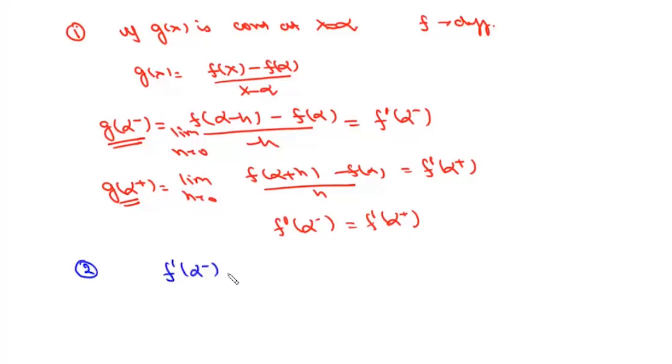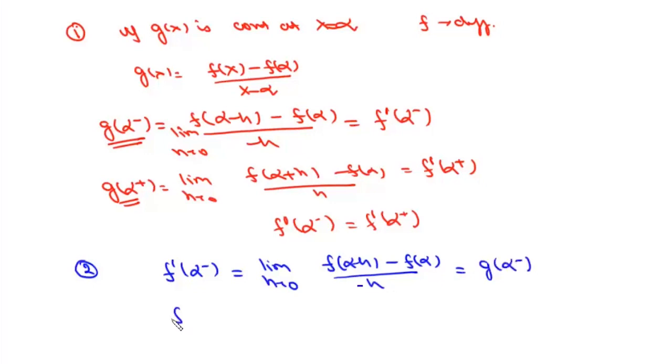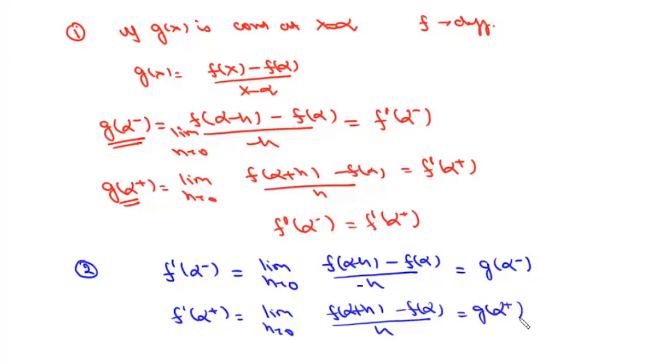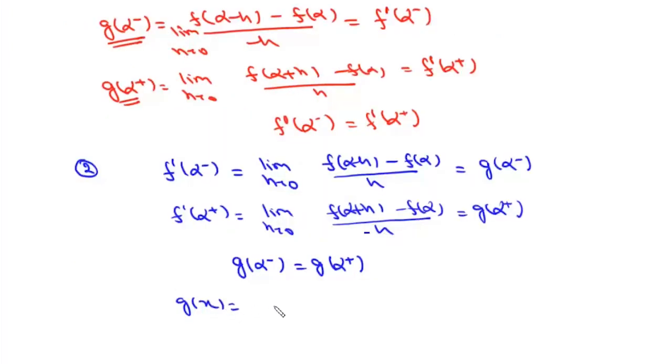So f'(alpha) negative will be the limit h tends to 0 of f(alpha minus h) minus f(alpha) upon h, and basically this is nothing but g(alpha) negative, and the same way f'(alpha) positive will be the limit h tends to 0 of f(alpha plus h) minus f(alpha) upon h, and this is g(alpha) positive.